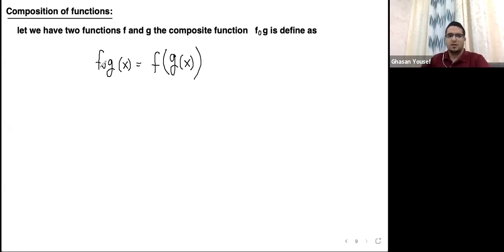Okay, so f circle g of x is equal to f of g of x.